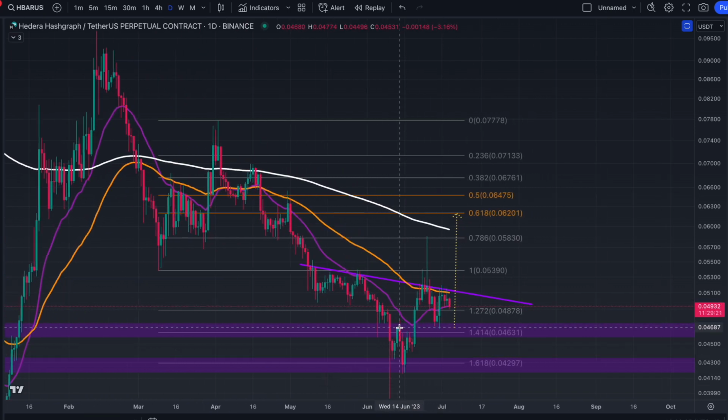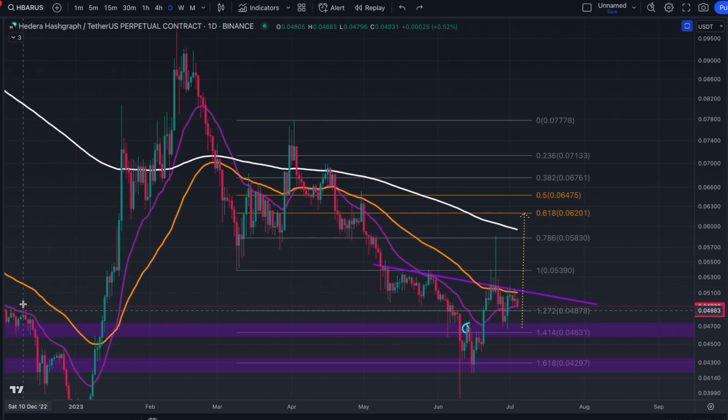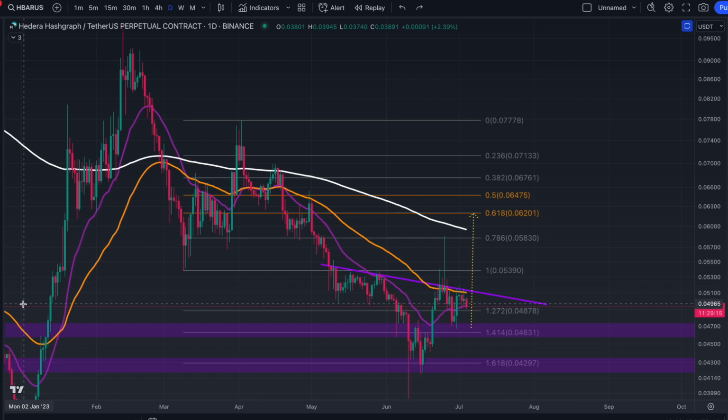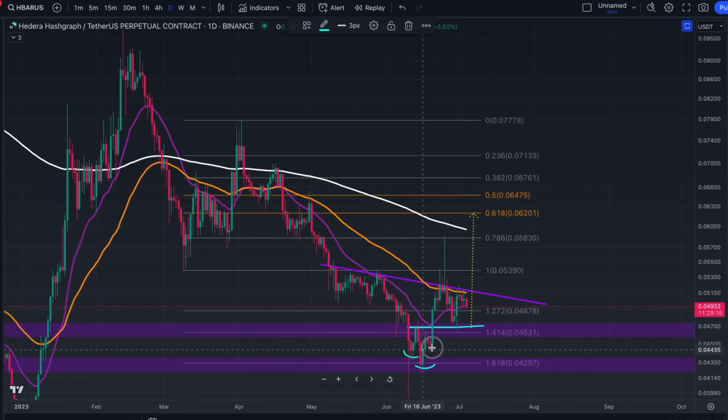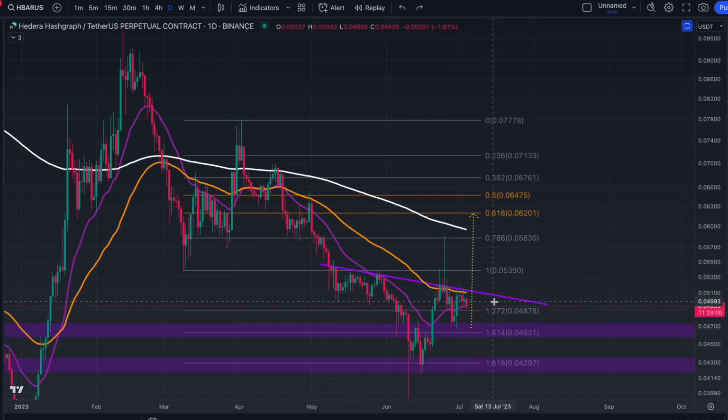So hopeful that on this previous support over here we do still hold that as support, keeping the neckline of this small double bottom, or inverse head and shoulders, valid. And we can see that to be the case at the moment with this retest. If we do come down to them, hopeful of a double bottom, then we break out of the inverse head and shoulders, and I will get you the target out of the head and shoulders pattern.